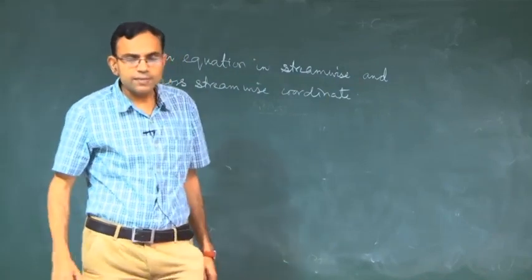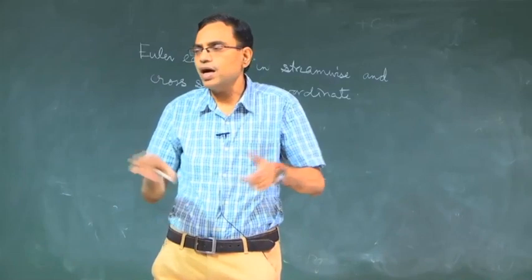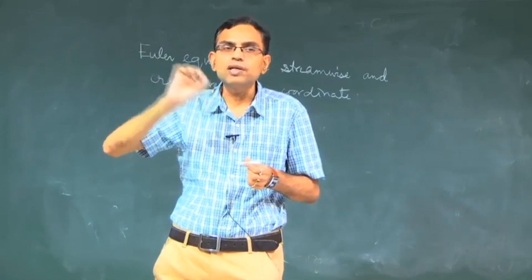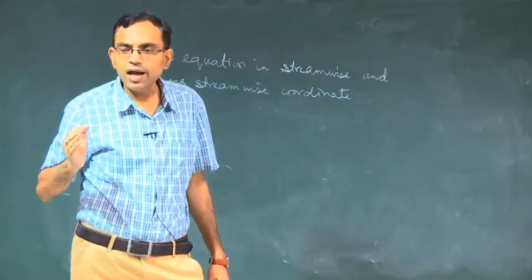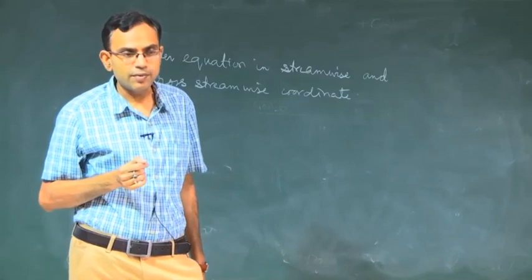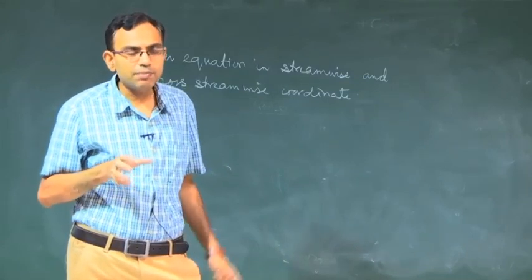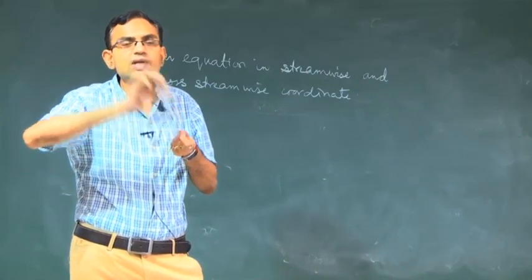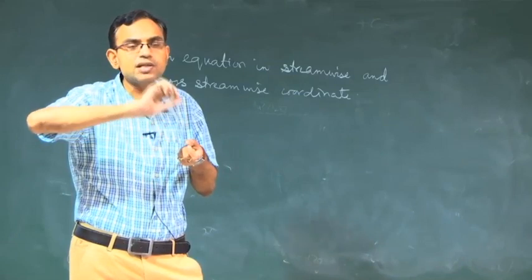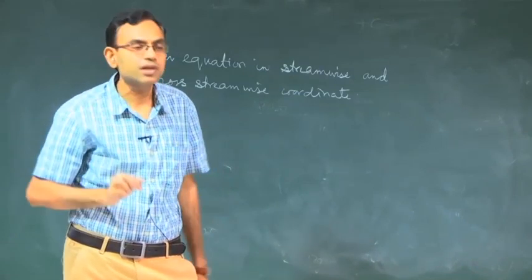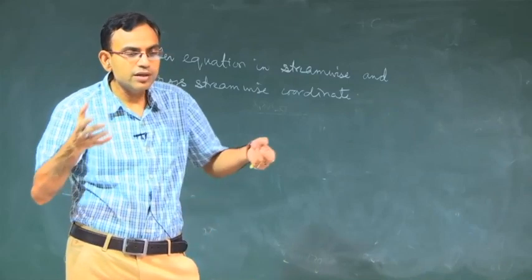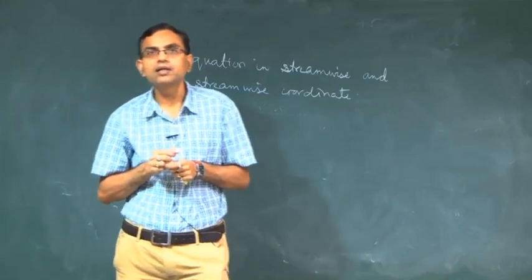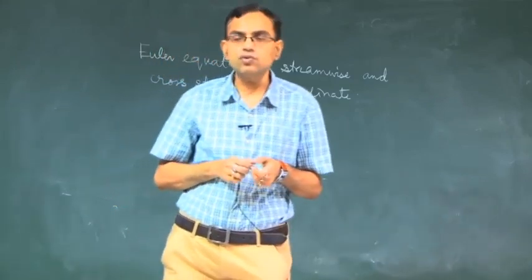So, the whole objective is that instead of using x, y as a generic coordinate system, we will shift the coordinate system to a streamline and another line which is normal to the streamline. The objective behind this is that because the flow always has a velocity which is tangent to the streamline, with respect to the streamline coordinate it is a pseudo one dimensional problem. So, it reduces the dimensionality of the problem, which makes the streamline coordinate a convenient coordinate to use.